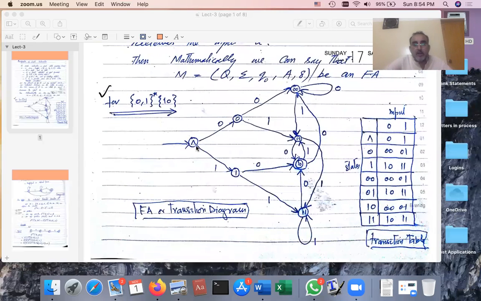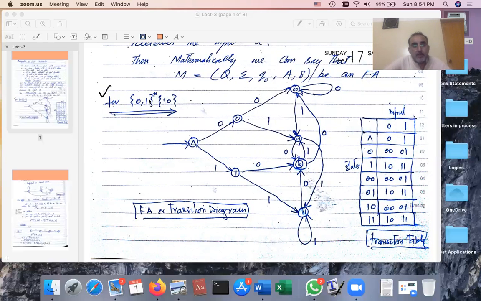Here is an example of a simple FA for the regular expression (0,1)* followed by 10. We have to design an FA for this regular expression, or you can say a language, because now you have some advanced concepts. So now you can mix the different things.